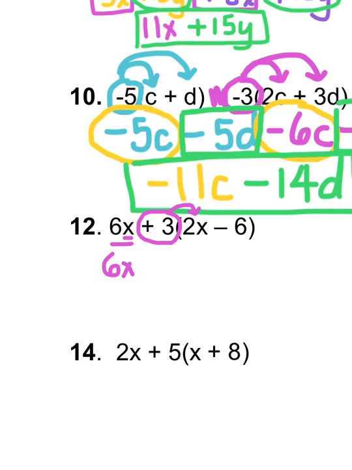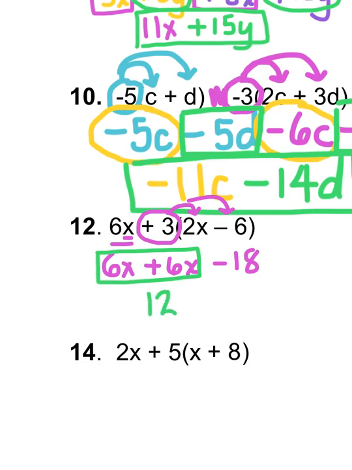Positive 3 times 2x is plus 6x. And positive 3 times -6, that would be a -18. But we're not done yet. We need to combine the like terms. These two terms are alike because they have the same variable. So that would be 12x minus 18. And that is simplified.